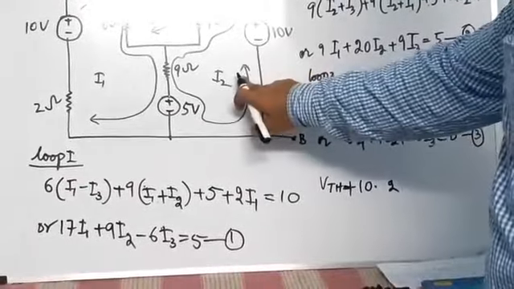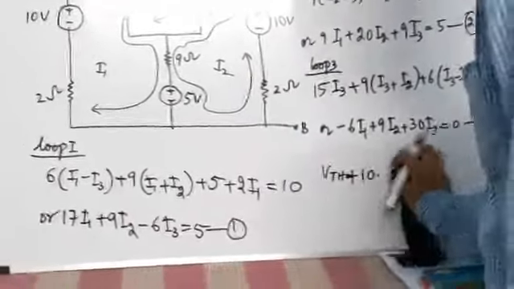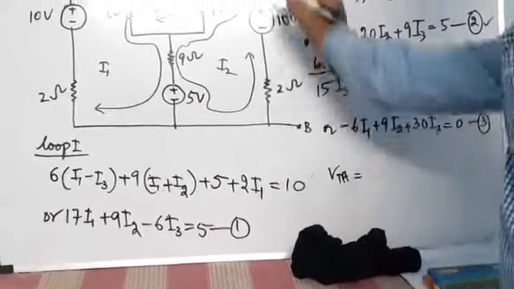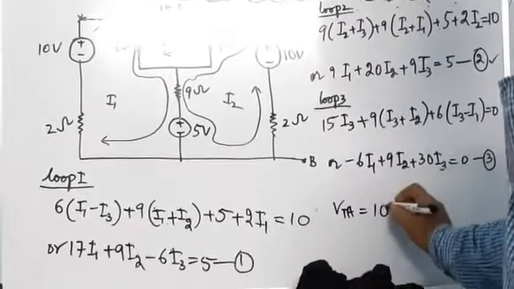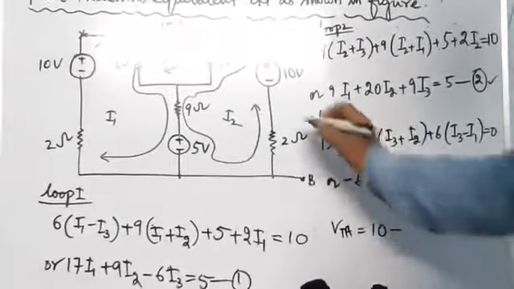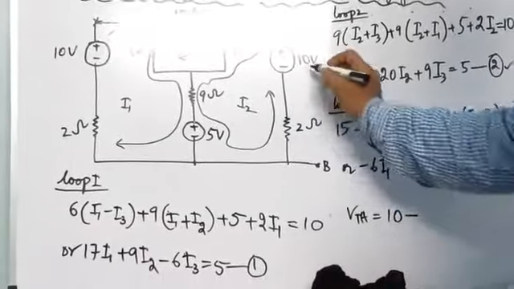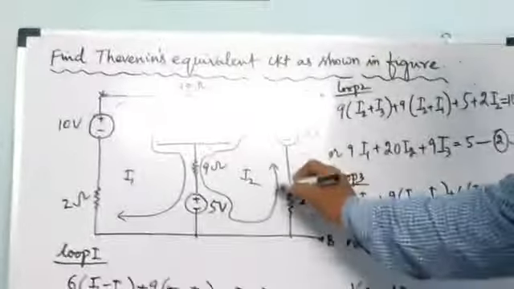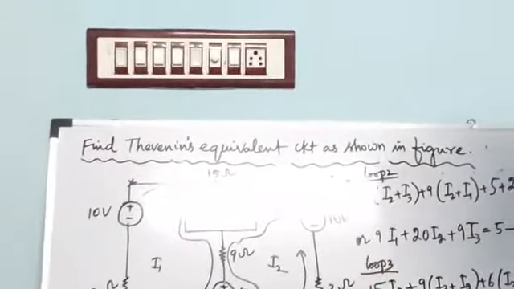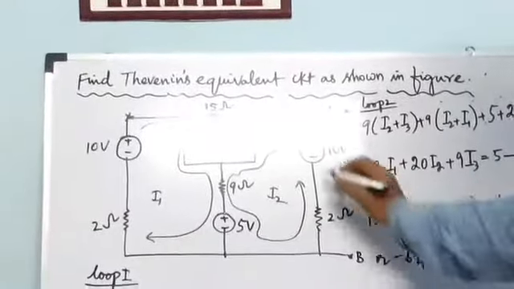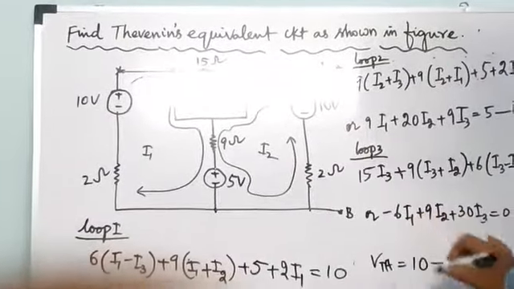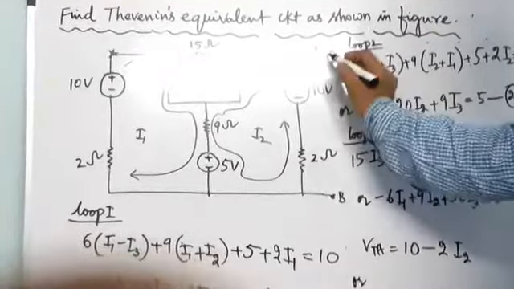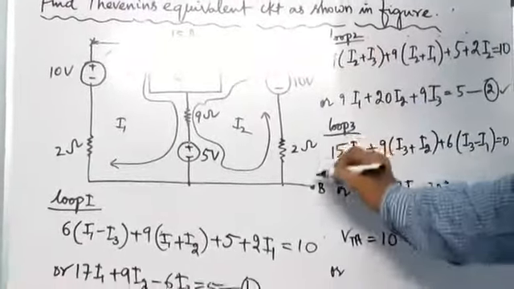Suppose you take it like this: VTH is equal to 10 minus, plus towards 10 volts. That means this current flows opposite to I2. Which current is flowing in this loop? I2 alone only. Or if you take it like this, think of it as a source.